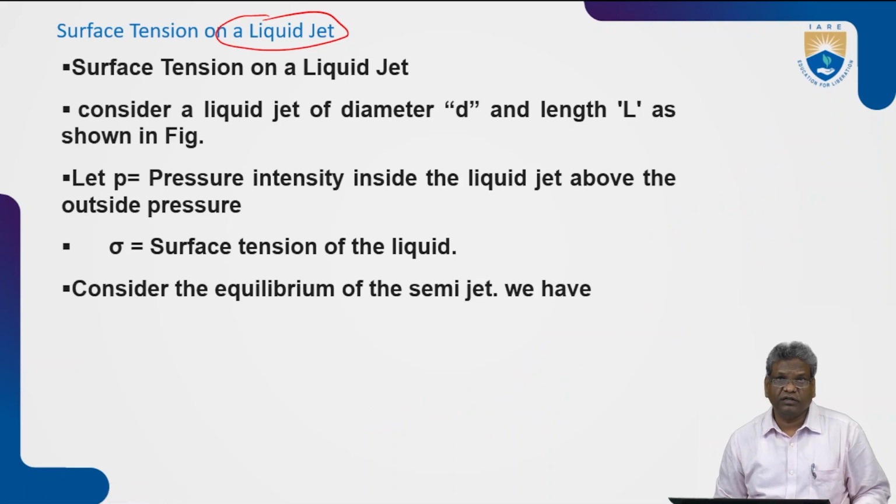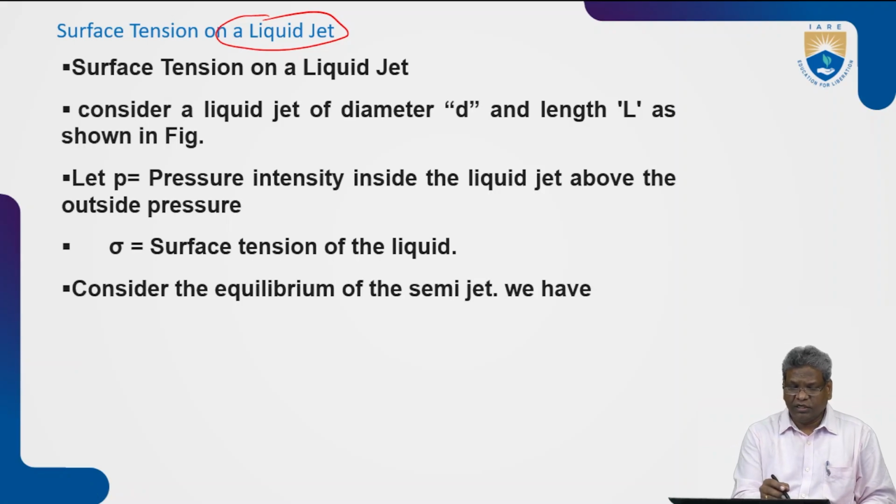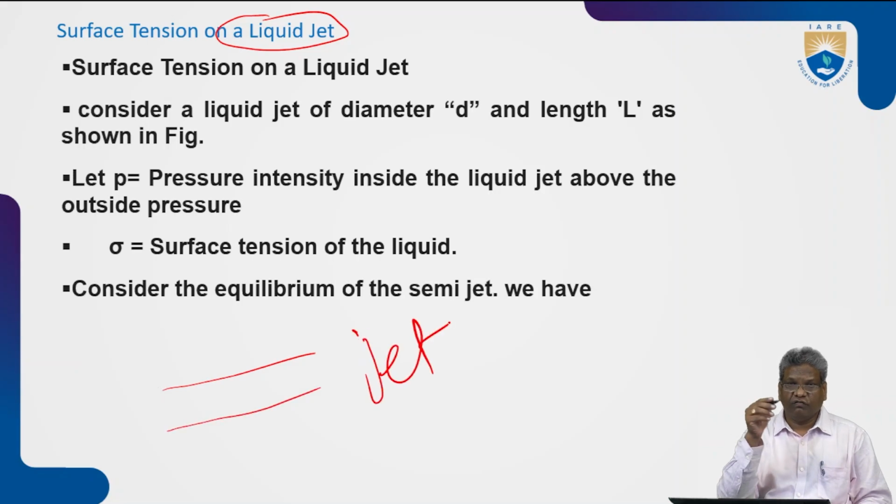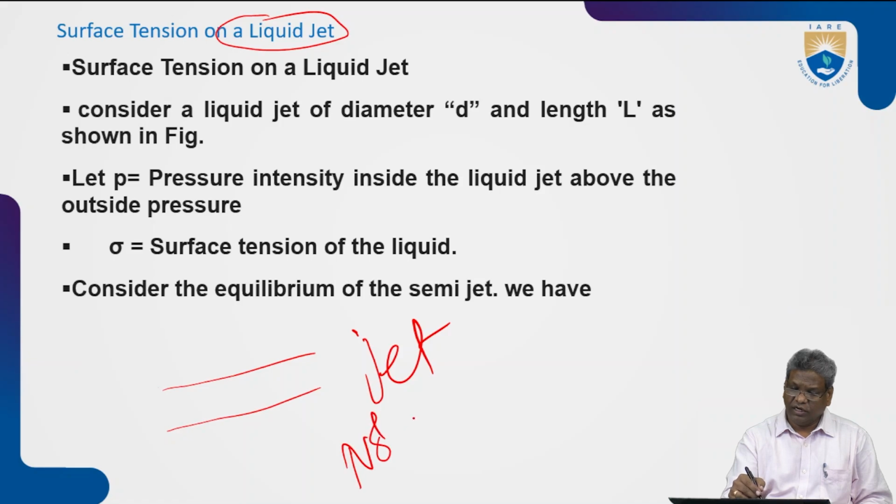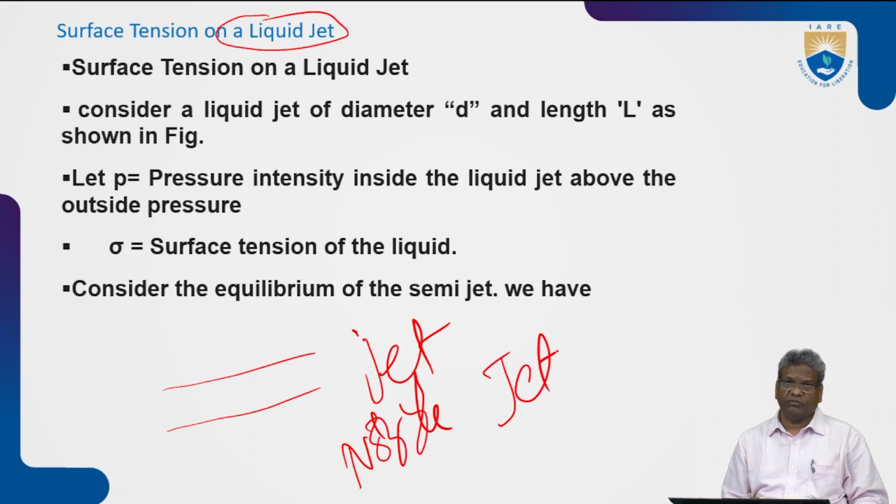So where do you get the liquid jet generally? A gardener will get the water from a pipe, and he will keep watering the plants. So the water coming from the pipe, we can call it a jet, or otherwise in case of nozzles we can have a liquid jet which is coming from the nozzle, right?